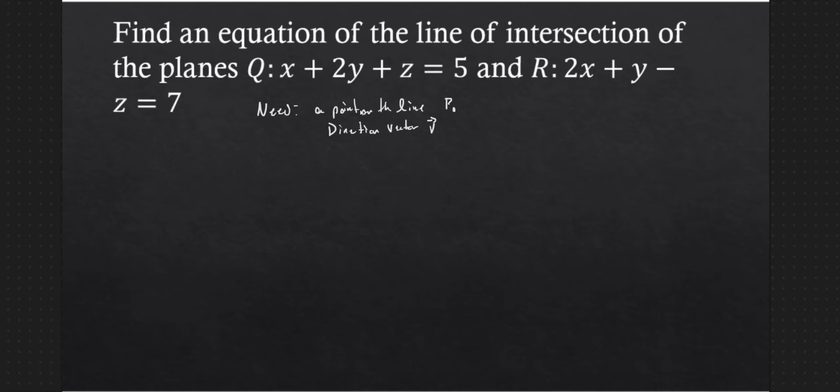So as I mentioned, to get a point on the line, and there are many different ways we can do this, one way is I'm going to look at the intersection of each of these planes with the xy plane, because that's really easy.